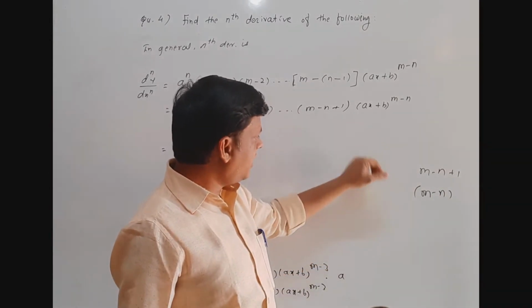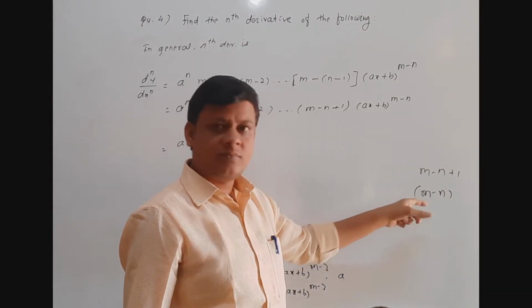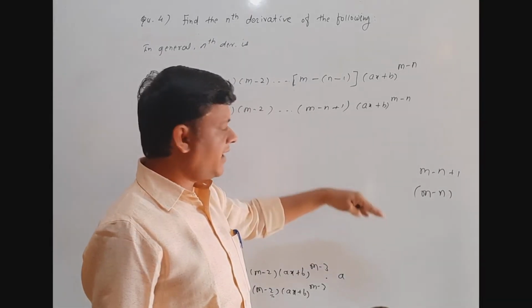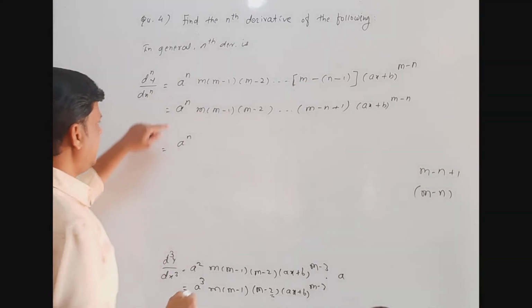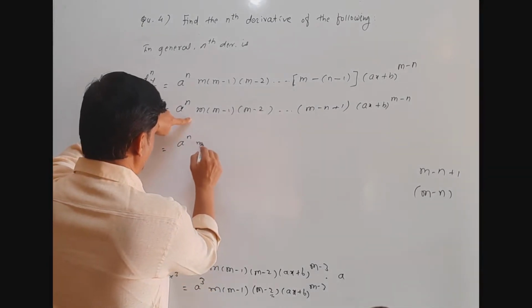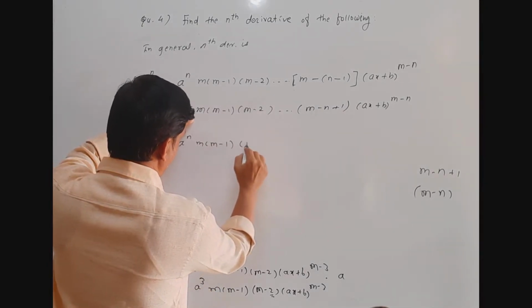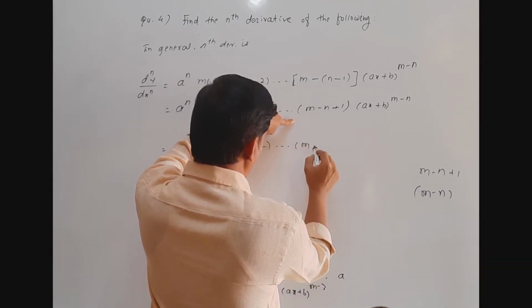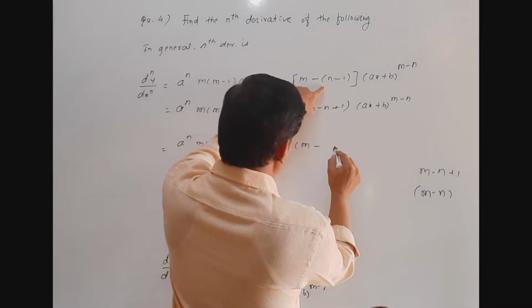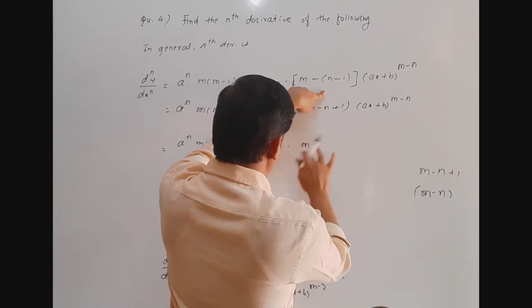So we write here m minus n, multiply and divide by m minus n. Similarly we multiply and divide by m minus n minus 1. So write here a raised to the power m into m minus 1, m minus 2 and so on, up to m minus n minus 1.